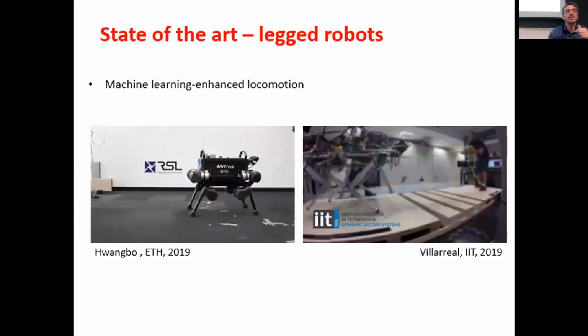And machine learning is a new trend, very common in robotics, which means using neural networks, for example, to learn some behaviors. So you don't have to code the behaviors.